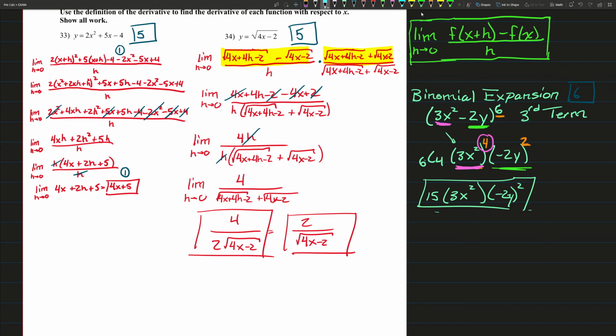So the first is getting this part. The second is getting the second term. All right, so this is worth 1. Second term is worth 1. These powers are each worth 1. So that's 5 points. And then being able to do this combination, that's worth 1.